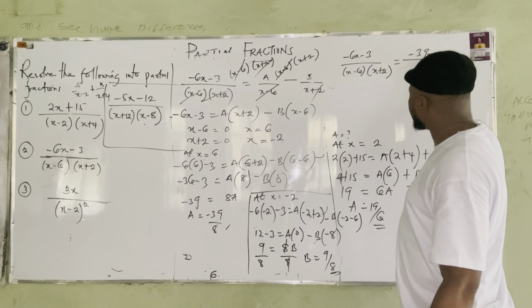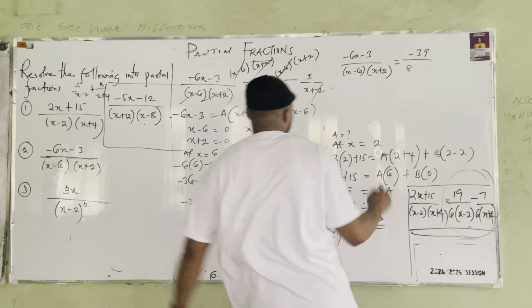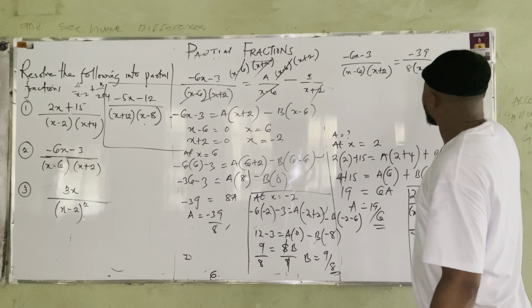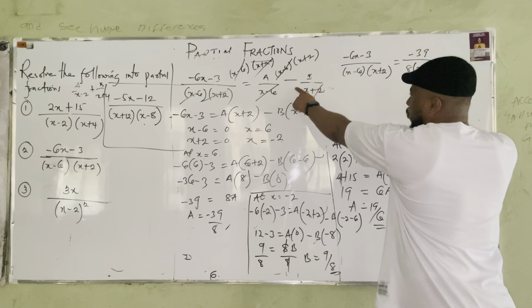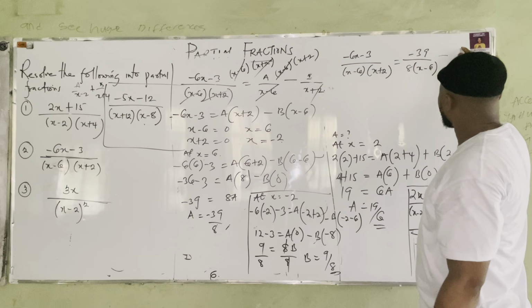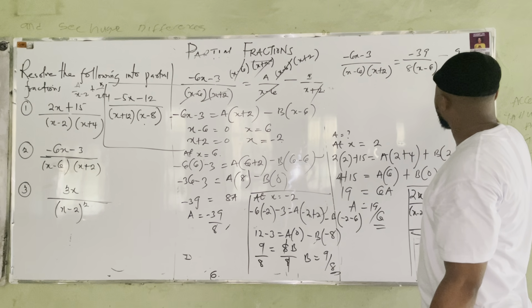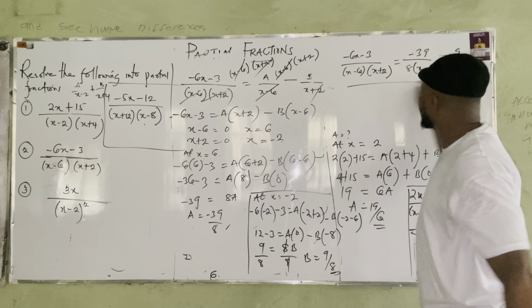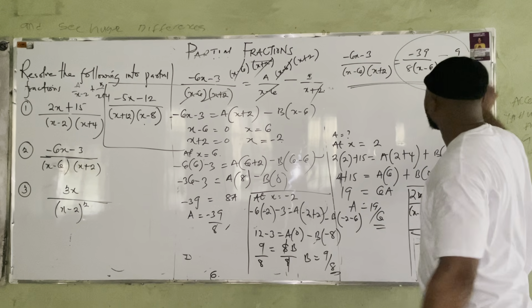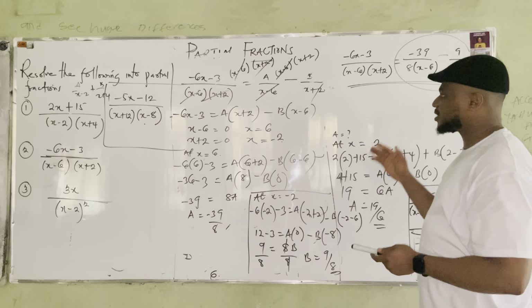So this will be minus 39 divided by 8 times x minus 6, then minus b is what? 9 over 8, bracket x plus 2. This is the answer. So these are partial fractions. So that's it. So this is like the preliminary.